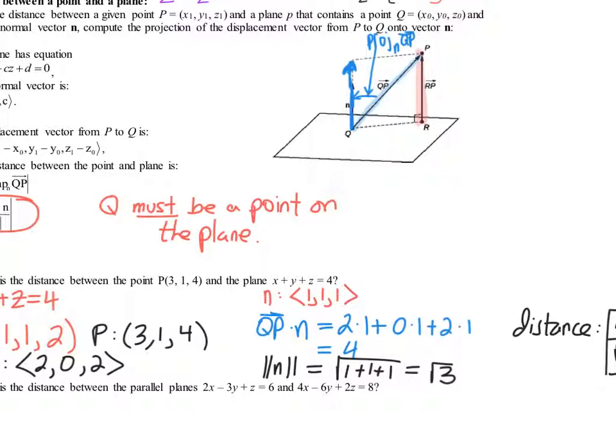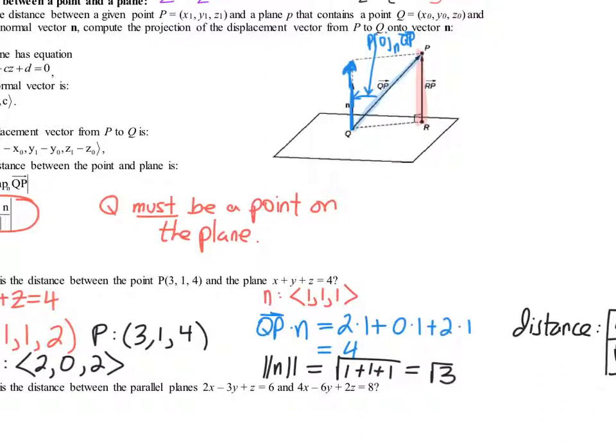So we chose 1 and 1 for x and y. The equation determined that z had to be 2 in order to satisfy that model. If I chose 0 and 0 for x and y, then z would have to be 4. But regardless, we came up with a point that's definitely on the plane.